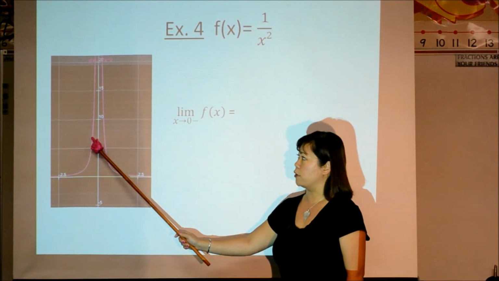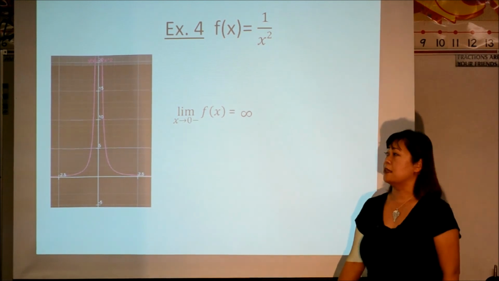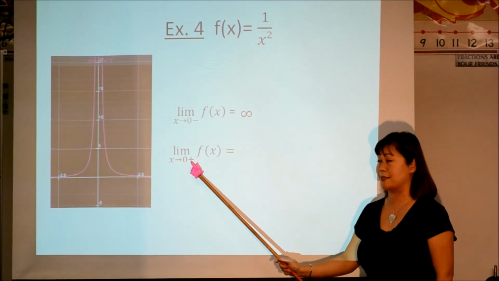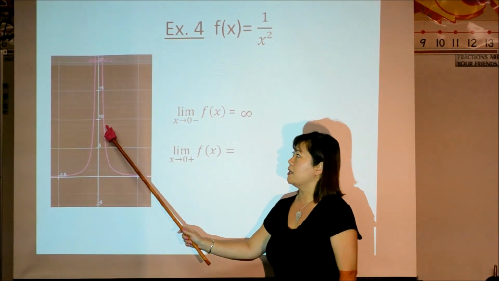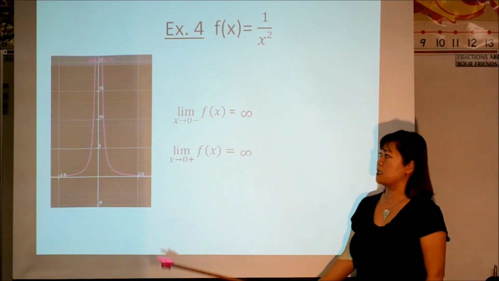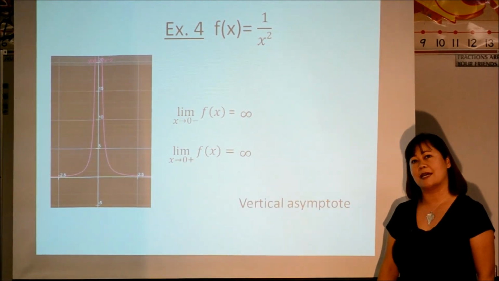That would have to be referring to this graph right here. It's shooting all the way up to positive infinity. The limit as x approaches 0 from the right-hand side, that would be referring to this one. Again, this one's going to shoot all the way up to positive infinity. So in this case, we're going to have obviously a vertical asymptote, and the vertical asymptote is at x equals 0.